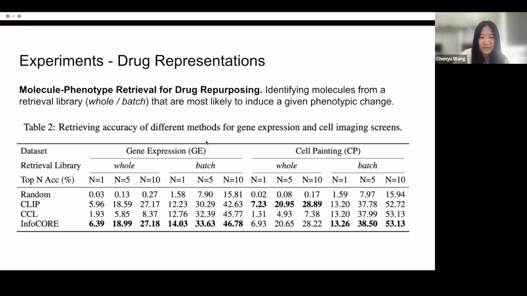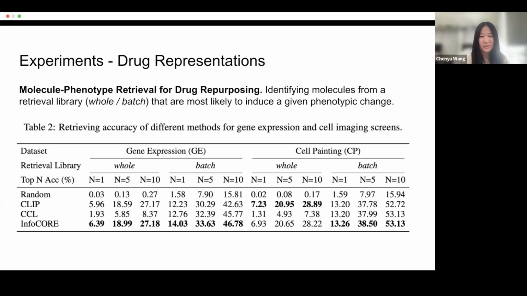To evaluate the outcome of the method, we use two types of tasks. The first is molecule-phenotype retrieval for drug repurposing, which means that we want to identify the molecules from a retrieval library that are most likely to induce a given phenotypic change.